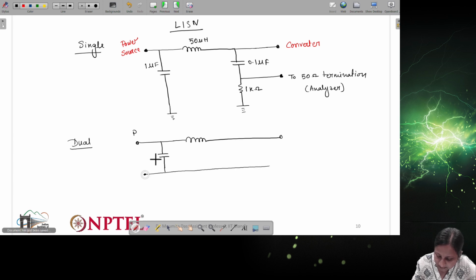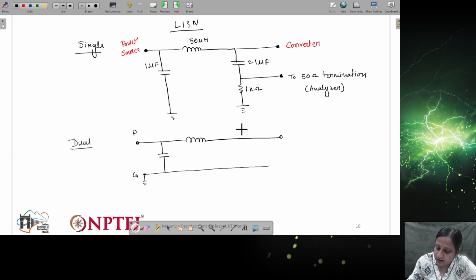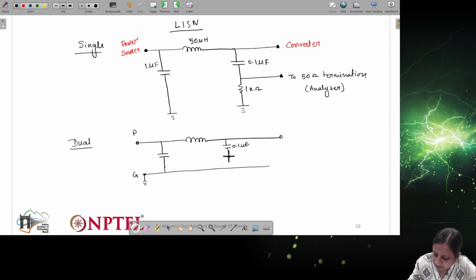Now here this 0.1 microfarad capacitor will be there, and again a resistance with respect to this, and then the same capacitance will be connected here. This is 1 microfarad, this is 50, and this will be connected to the negative line.